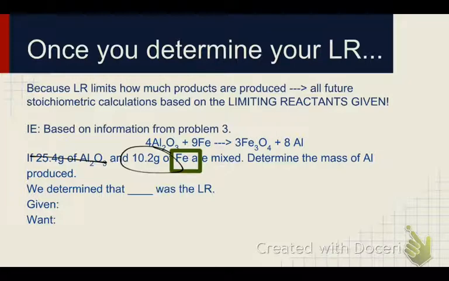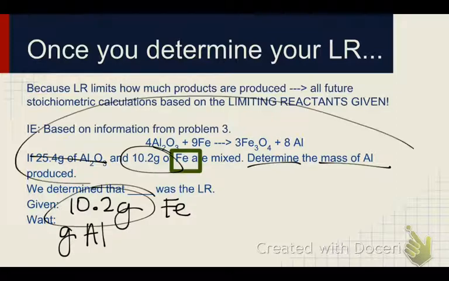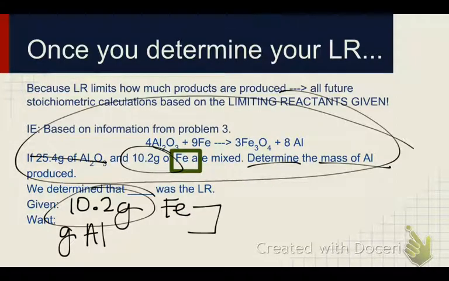Okay? I can essentially ignore it. So for all my starts, all my givens are going to start at 10.2 grams, and then it just depends on what I want to ask. So in this case, determine the mass of aluminum. My want would be aluminum, but my starting point would be 10.2 grams of Fe. So from now on, anytime you do any calculations with this scenario, this is how it's going to be set up, okay?